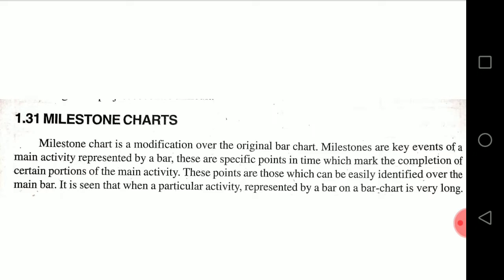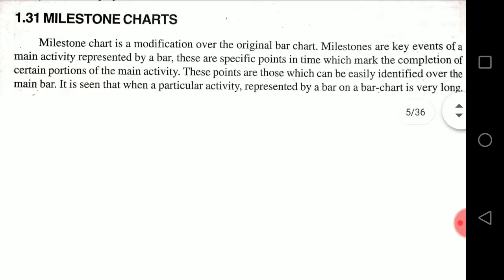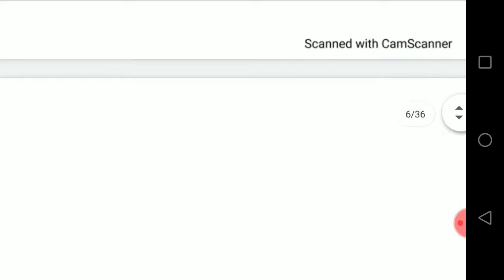Another limitation is that within an activity the relationship between two specific milestones is revealed by the milestone chart, but the relationship between and among milestones contained in different activities is not indicated. So this is about the milestone chart.